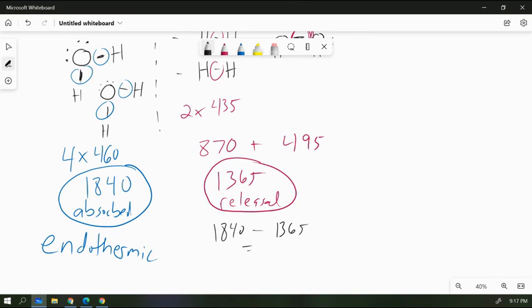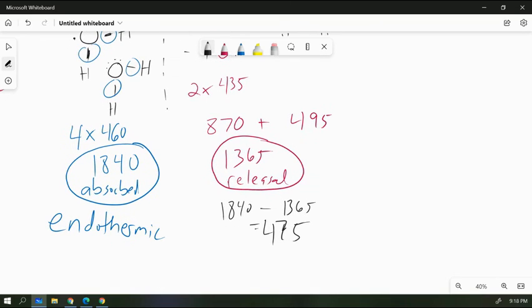And when we punch those numbers in, we're going to get 475. And again, this is all kilojoules per mole just for the sake of the video. It's already long enough. I don't need to keep adding units and stuff. It's the same for all of these. So that's the net energy change that 475 kilojoules per mole is absorbed in this endothermic reaction.